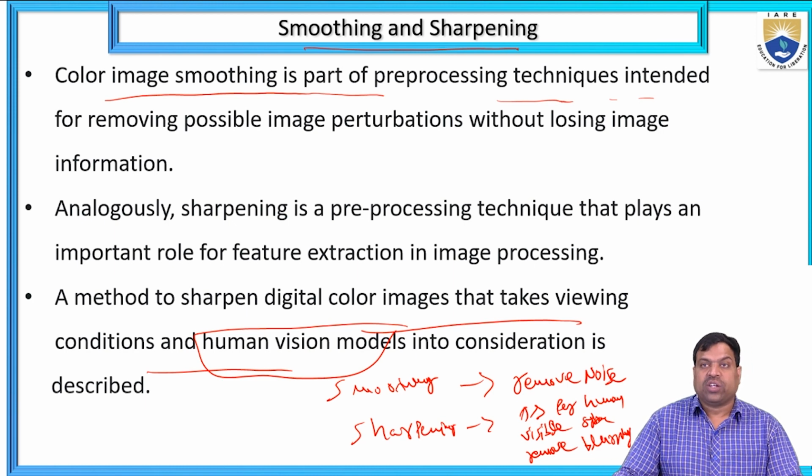So smoothing and sharpening are the two major techniques that play an important role in feature extraction.